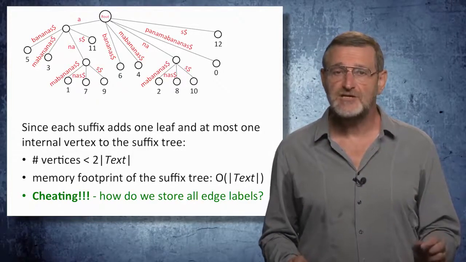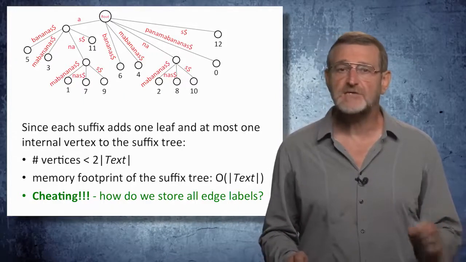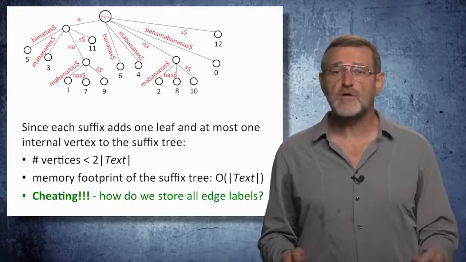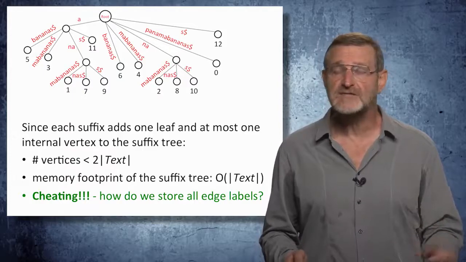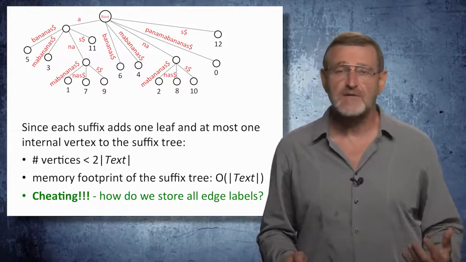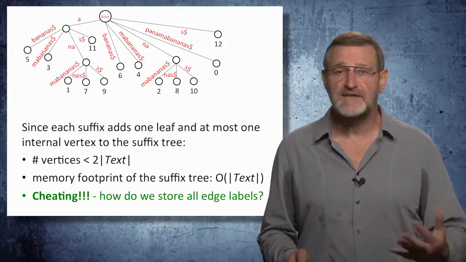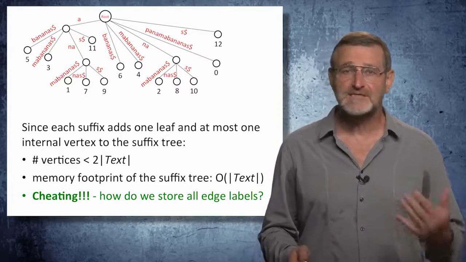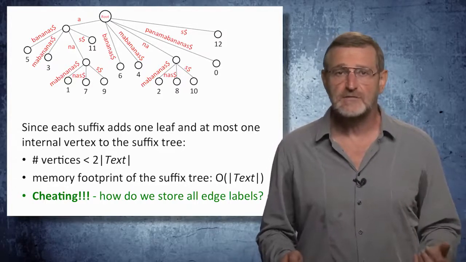This sounds like cheating, because we haven't answered the question: how do we store all the edge labels? They will take the same total space that all labels in the suffix trie took.